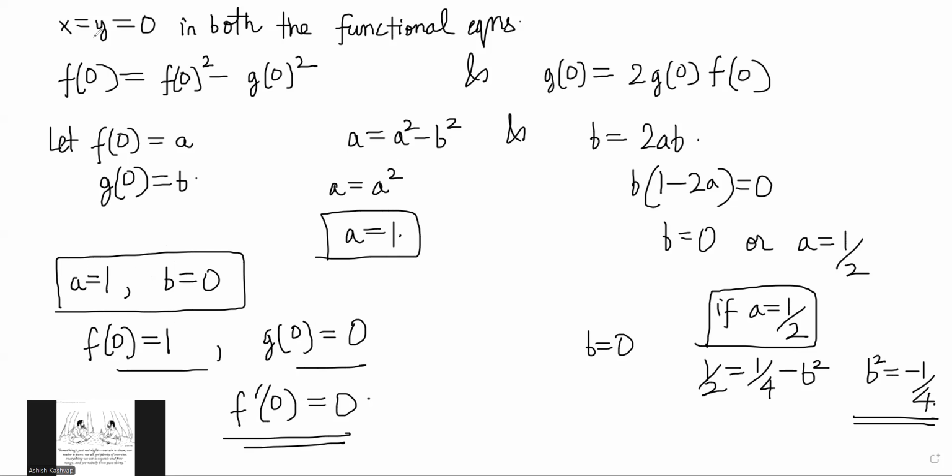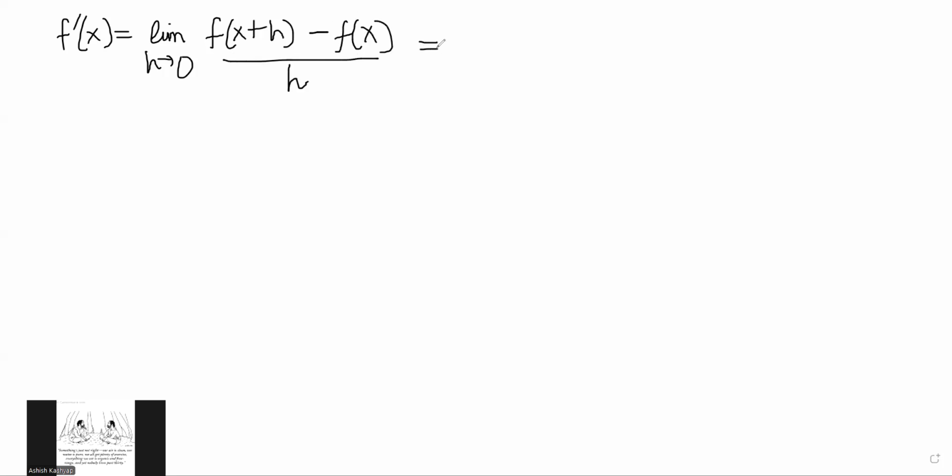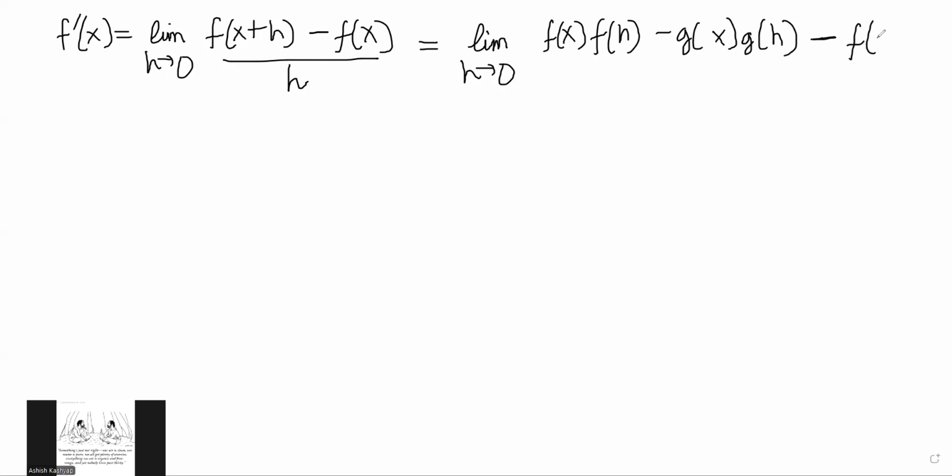So let's write f dash x as limit of h tends to 0 f of x plus h minus f of x by h, and now use the functional equation here. For f of x plus h, I can write f of x, f of h minus g of x and g of h minus f of x divided by h.